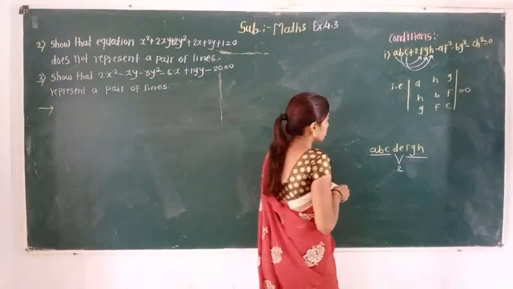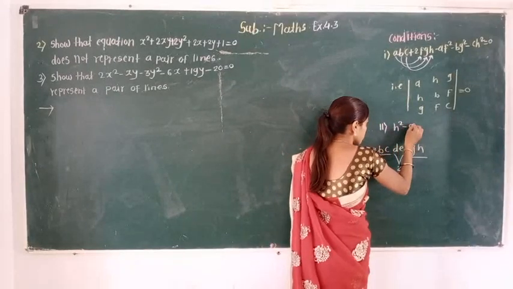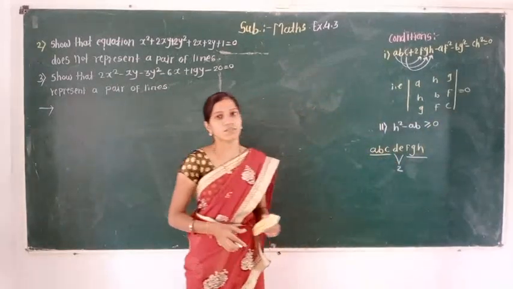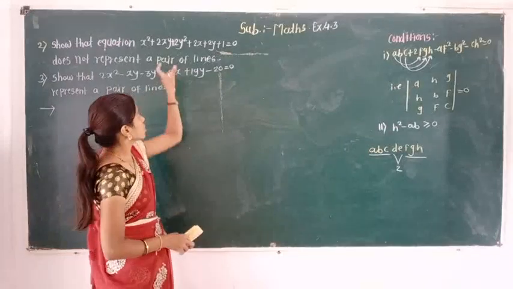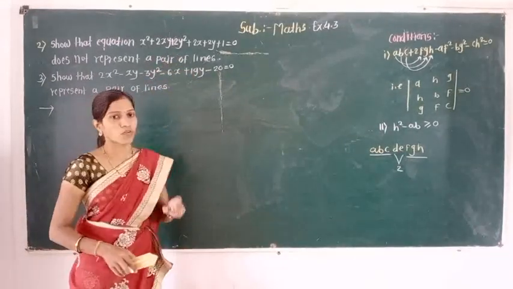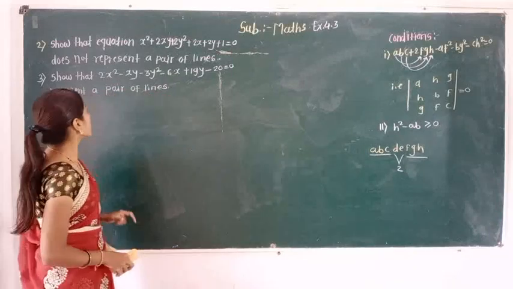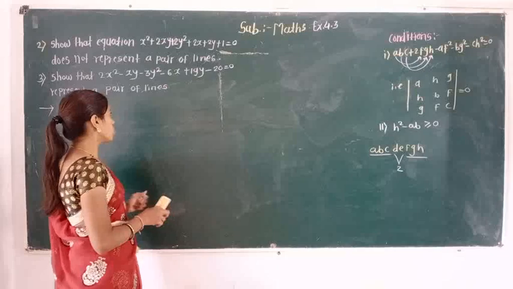Now the second condition is H square minus AB is greater than or equal to 0. If the given equation satisfies these two conditions, it represents a pair of lines, and if at least one condition is not satisfied, then the given equation does not represent a pair of lines.